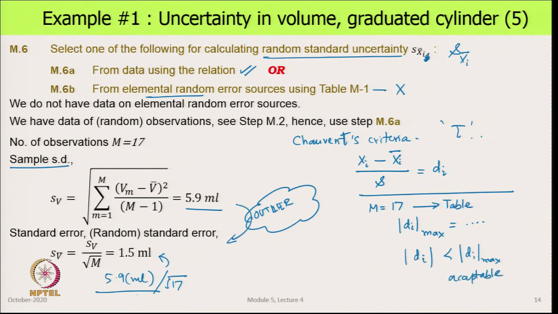Those which are greater than d I max are not expected in this measurement, assuming that all the measurements came from a normal distribution, and so we reject those. We did this calculation in the outlier treatment, and we found that all the deviations are within the maximum permissible deviation for a sample size of 17. So, we did not have to reject anything.